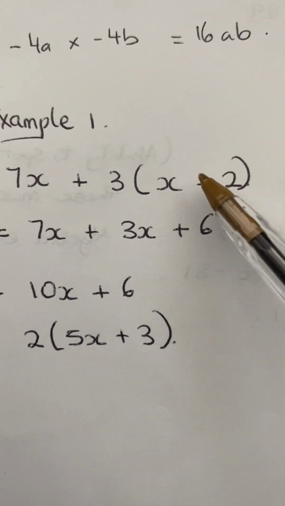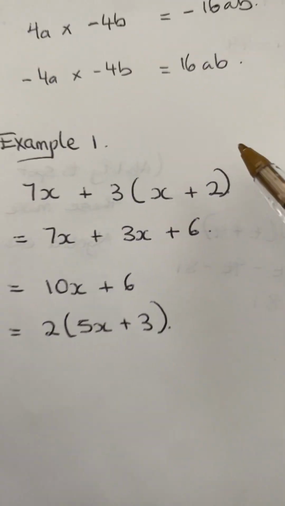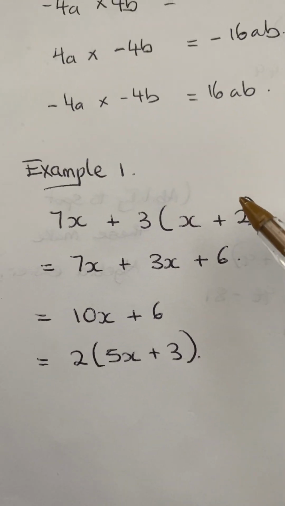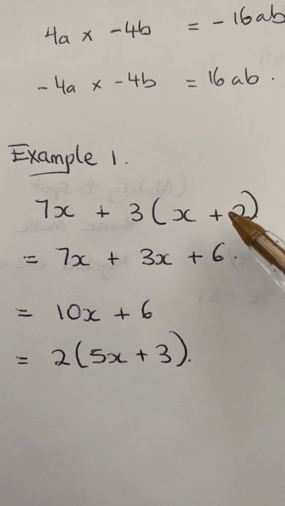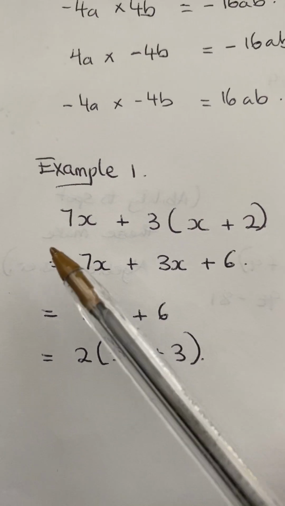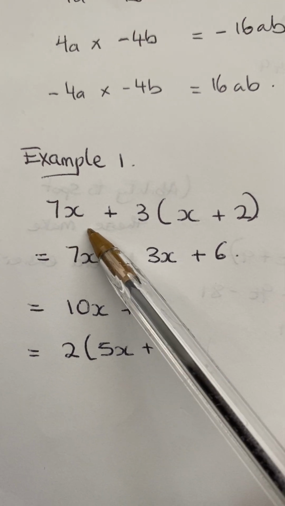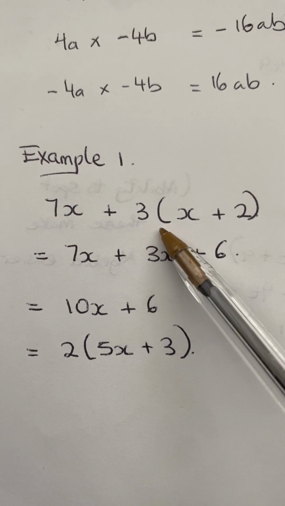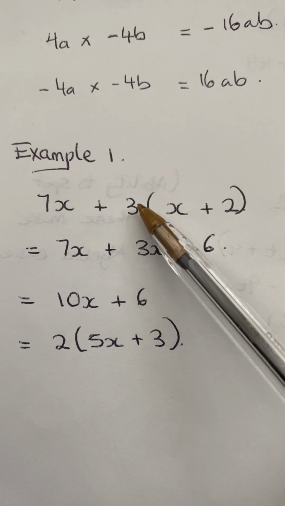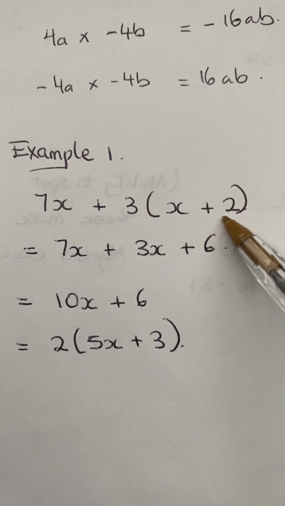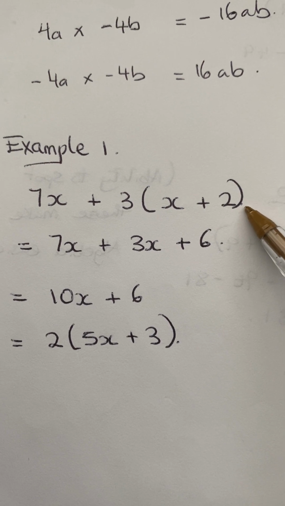So the first example we have here, this question will be posed as expand and simplify. They'll give you 7x add 3 into bracket x plus 2. Remember, the 3 affects everything in the bracket.